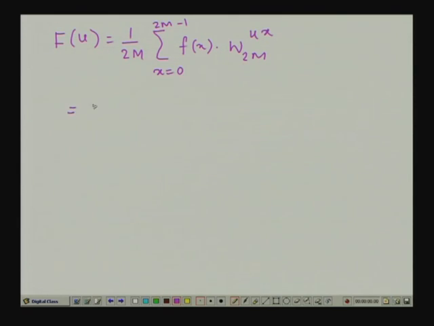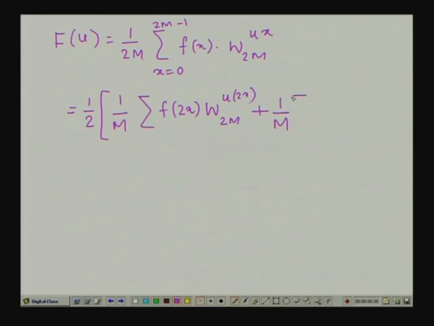The same expression I can rewrite as half of 1 upon capital M summation f(2x) W_2M to the power u into 2x, plus 1 upon capital M summation f(2x plus 1) W_2M to the power u into (2x plus 1), where x varies from 0 to capital M minus 1. Here also x varies from 0 to capital M minus 1.